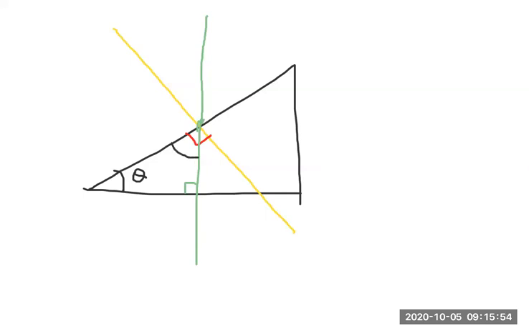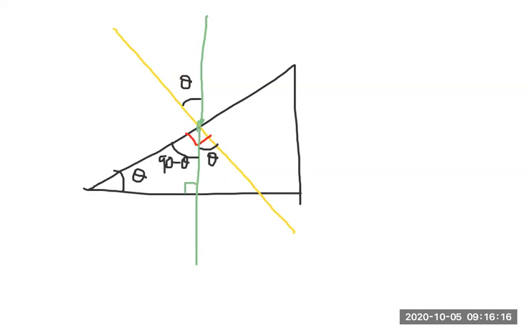This angle will be 90 minus theta. Okay? Therefore, this angle will be theta, and therefore this angle will be.